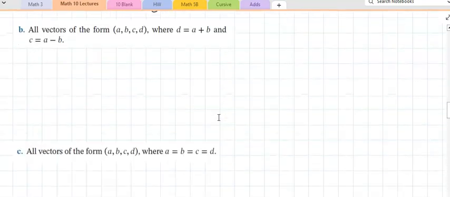Now, if I go to the next problem, I notice, wait a minute, here they changed on me. Here's the form, but they really have D equal A plus B and C equal A minus B. So I notice that everything is in terms of A and B. So let's put them in order: call that A, B we put right there, C is A minus B, and D is A plus B. Look at the A. Wouldn't you say that is 1, 0, 1, 1?